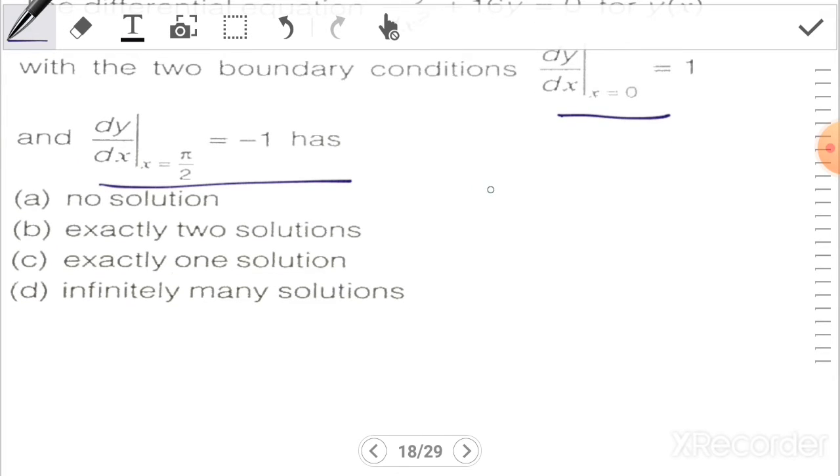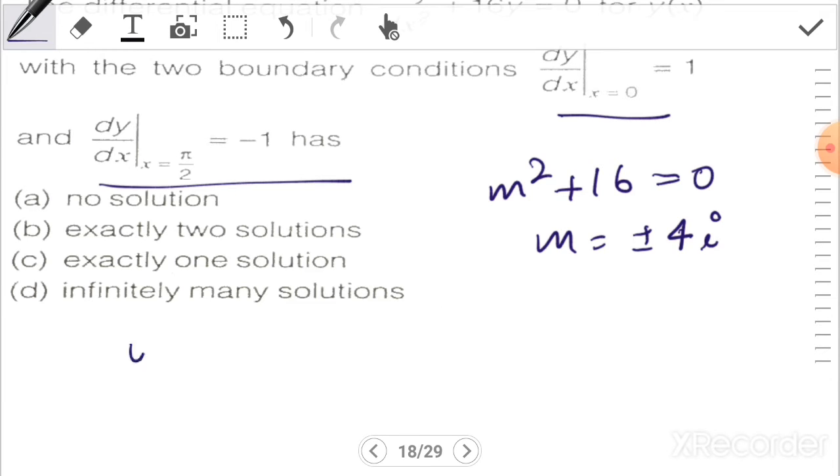The auxiliary equation is m² + 16 = 0, so m = ±4i. Then the complementary function, or the solution, will be y = c1 cos 4x + c2 sin 4x.